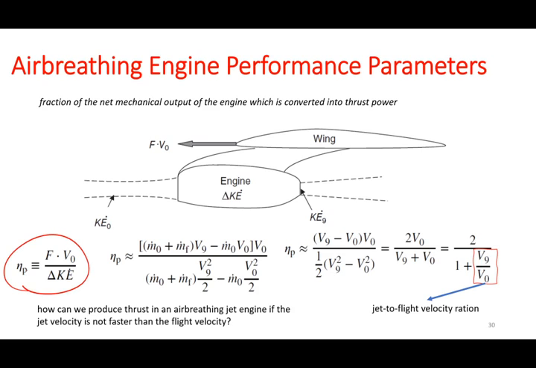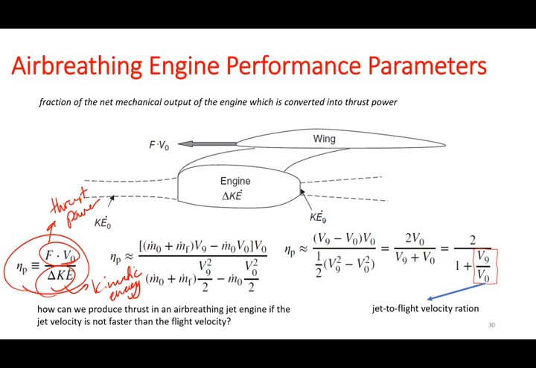The propulsive efficiency can be calculated using this equation. We have the thrust power at the numerator, and we also have the kinetic energy in your denominator, right? We can make some assumptions and simplify the equation a little bit.